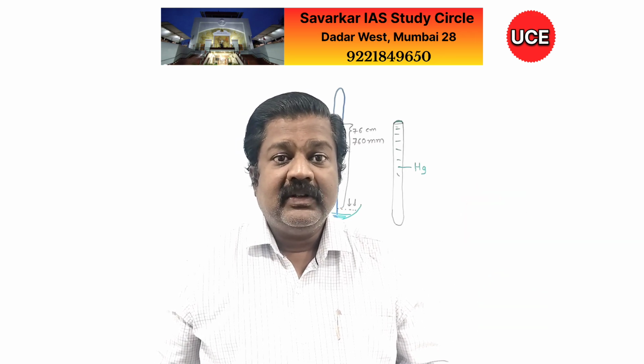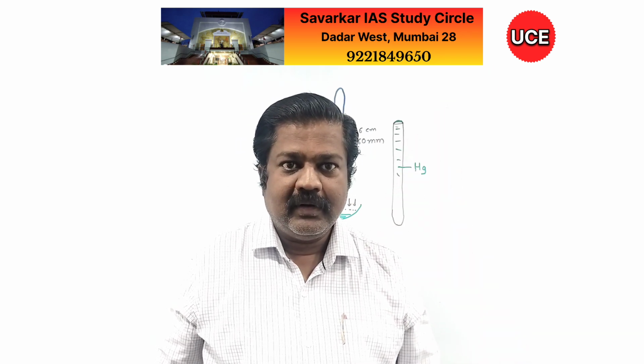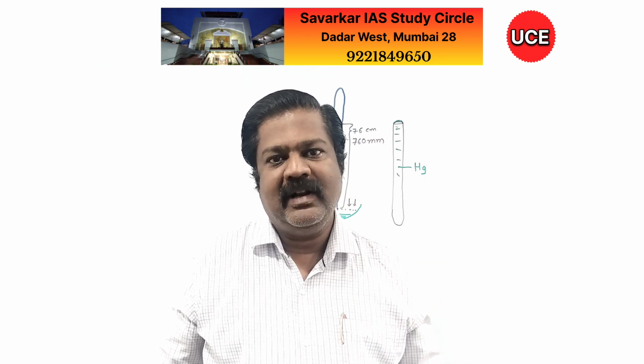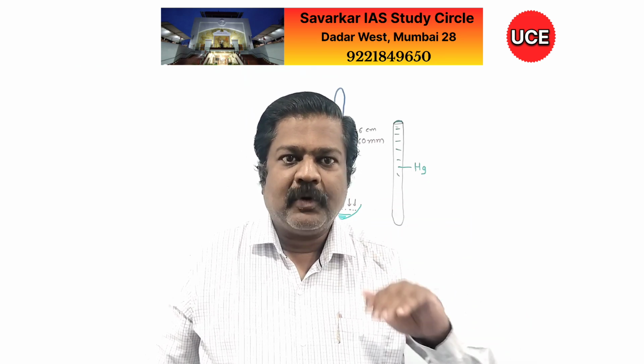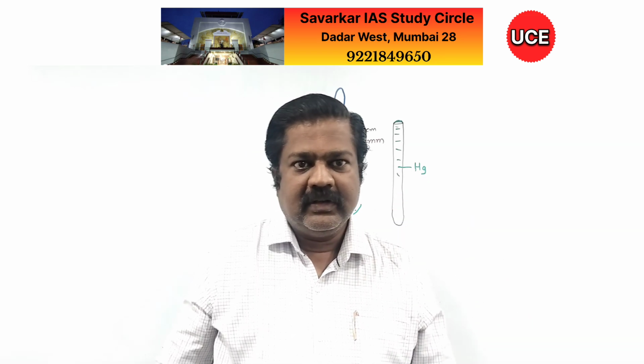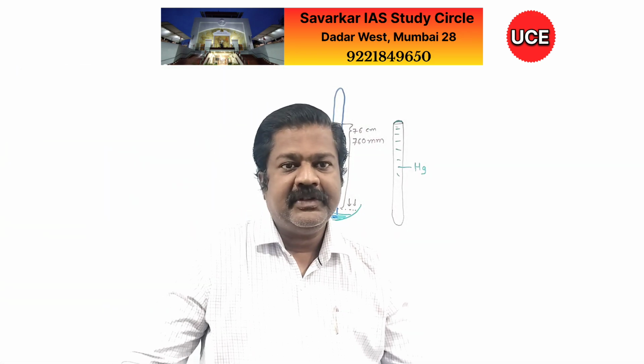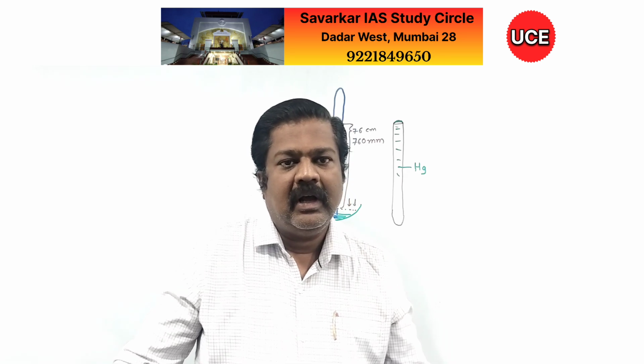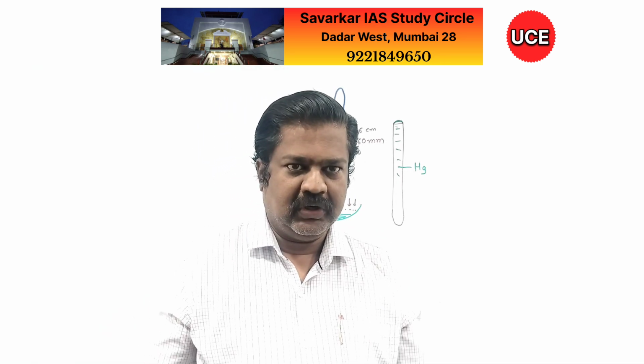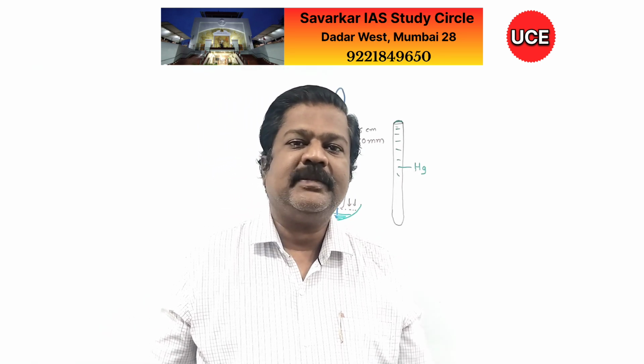Suppose I am going 1600 meter altitude, the level of mercury will fall by 10 millimeter. So like that, atmospheric pressure will decrease. This height of the mercury column is measured, and we can measure atmospheric pressure here. The instrument is called a barometer.